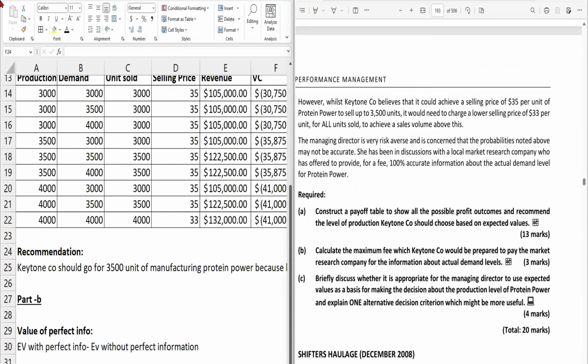Now let's move toward requirement B, which says: calculate the maximum fee which Keytone company would be prepared to pay the market research company for the information about the actual demand.